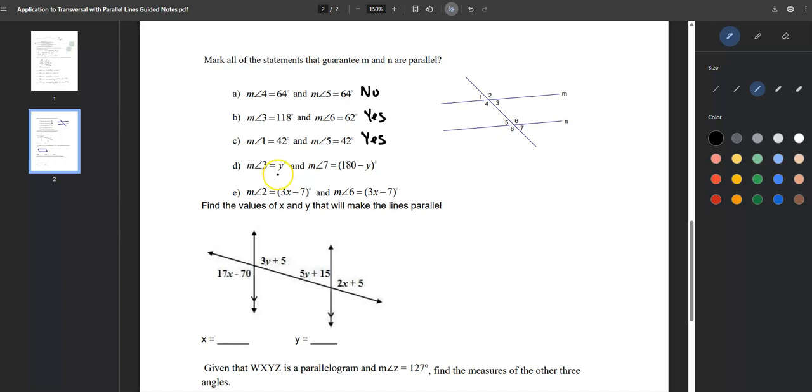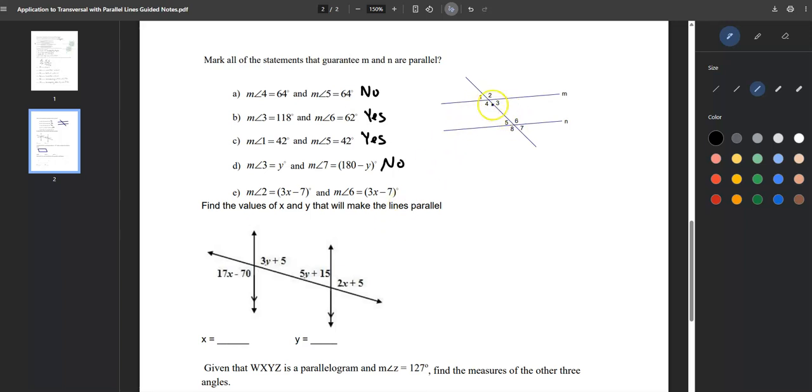Or sorry, nope, 3 and 7 are corresponding, so they should be congruent, equal to each other. But if you look at this, I've got y and then 180 minus y. So this is not the right information that I have here. So this would be no.